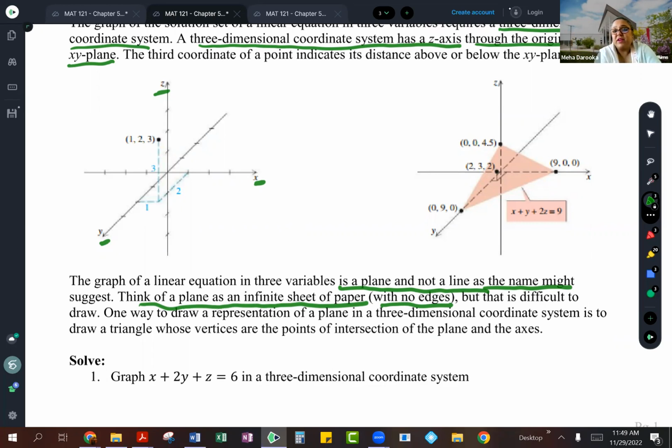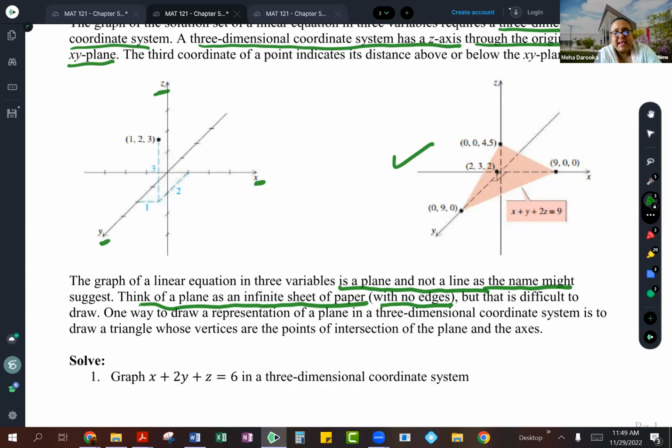And that becomes difficult to draw. So the closest thing we can draw for a plane is something like this, and that obviously does not look like an infinite sheet of paper. That's why graphing, as you can imagine, is not a recommended method for solving a system of equations.